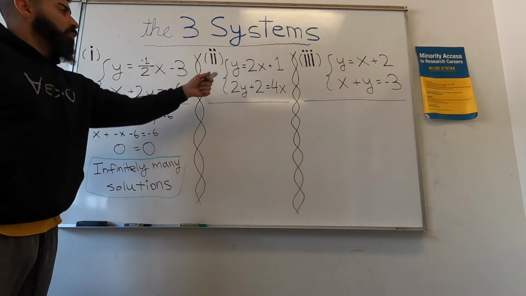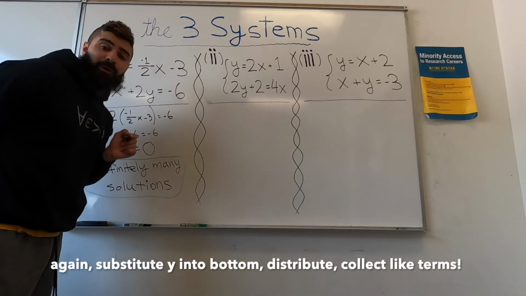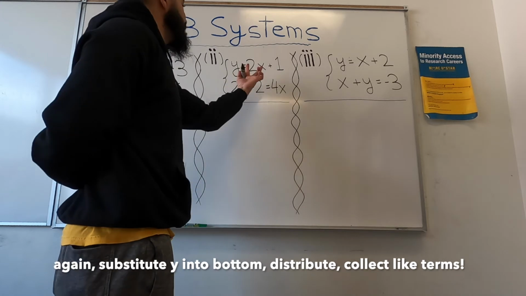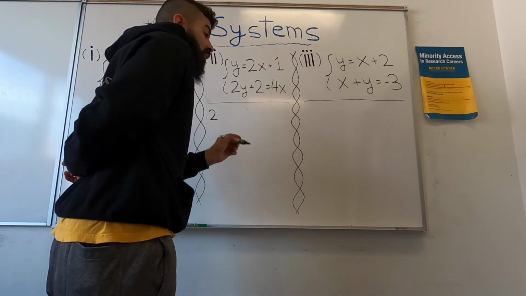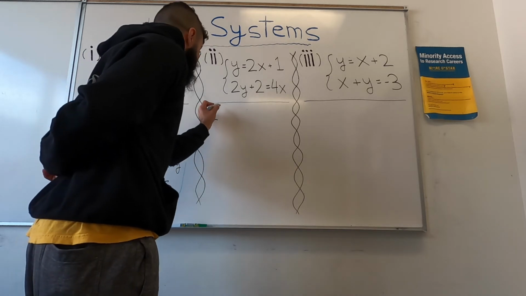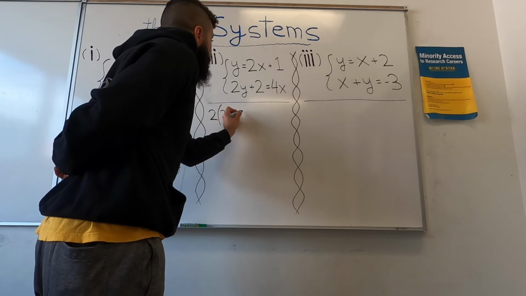Number two, y equals 2x plus 1 is the top one, 2y plus 2 equals 4x is the bottom one. We're going to use this top y, plug it into here, and as I said before, we're going to do this rather quickly. We show you in the solving systems video how to do this part. We are focusing more on the solutions in this video.